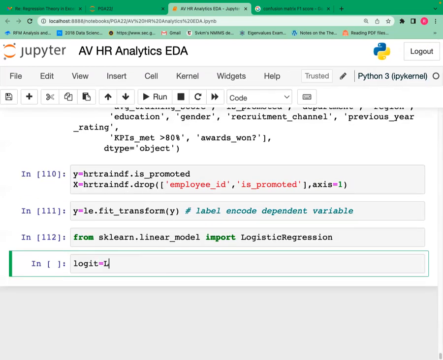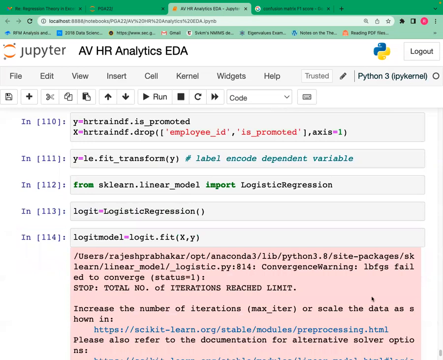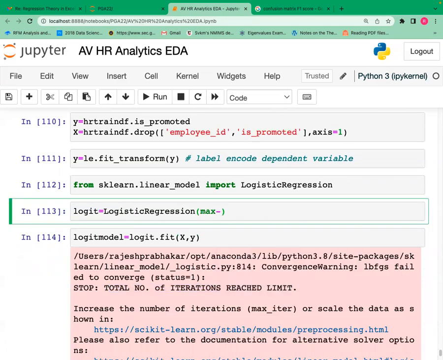Logic is equal to LogisticRegression. Logic model is equal to logic dot fit x comma y. Oh, it says the model could not be built as the total number of iterations has reached the limit. So we'll increase the iterations, max_iter.